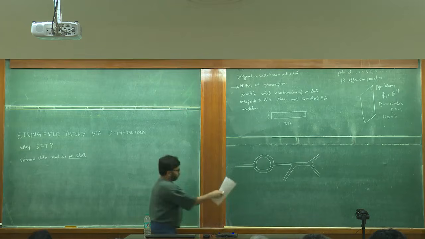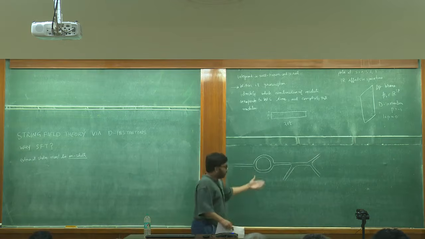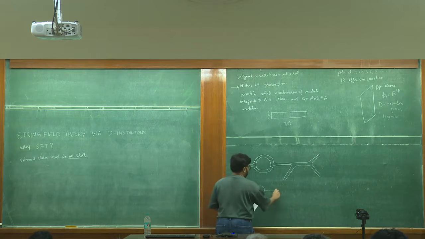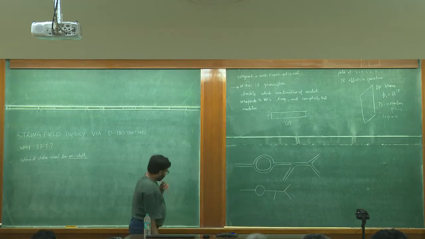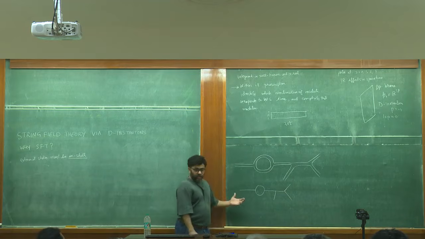So this is the four strings interacting, but this one is undergoing some kind of loop correction. Now in Feynman diagrams, of course, this would just be drawn by this thing, right? Now, even in QFT, you amputate the external leg, fine.